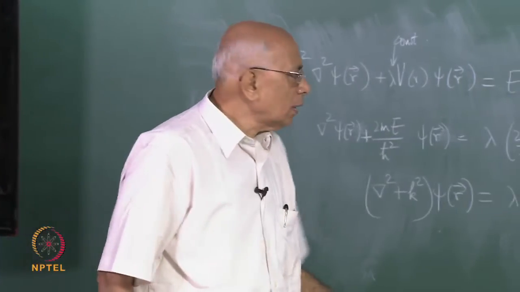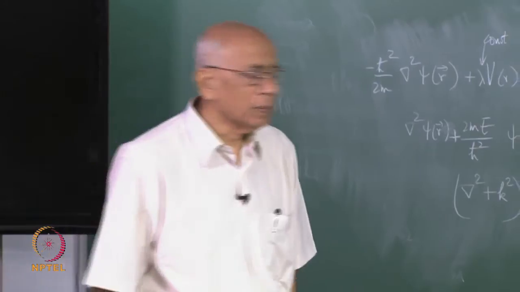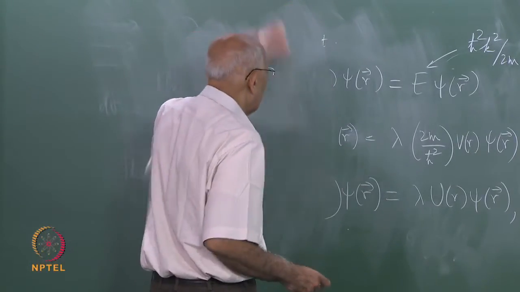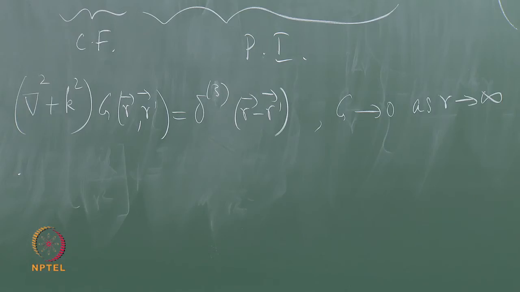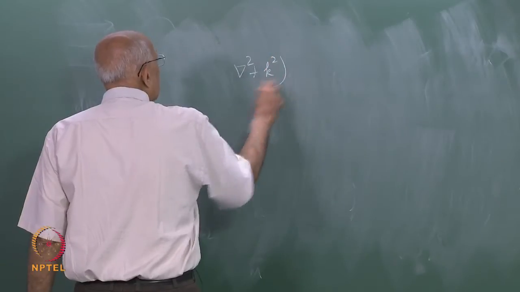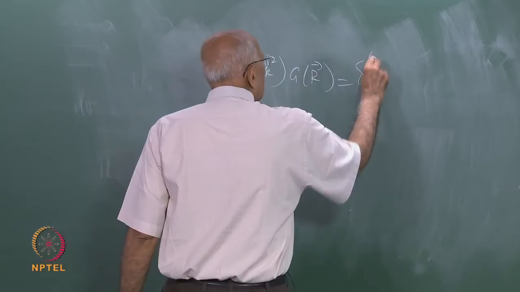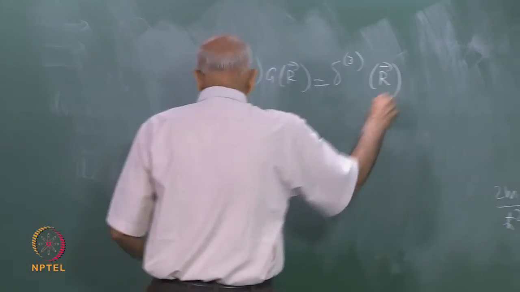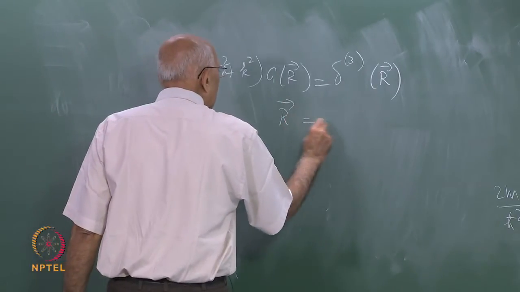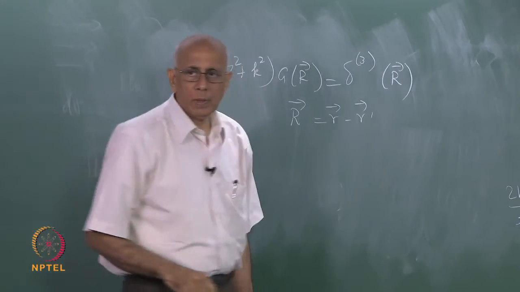So now I can assert that this Green function is also a function of r minus r prime. So let us do that as we normally do. So we write del squared plus k squared g of R equal to delta 3 of R, where capital R is r minus r prime.